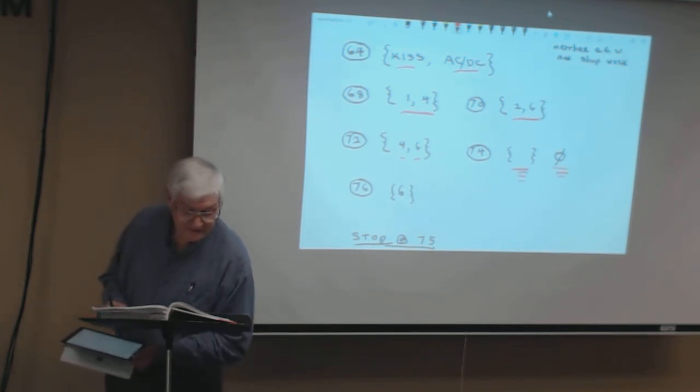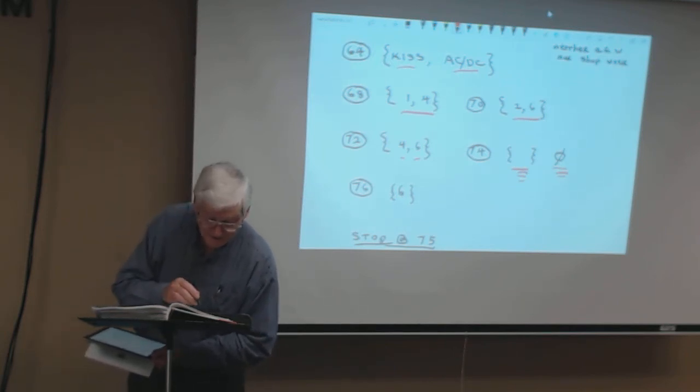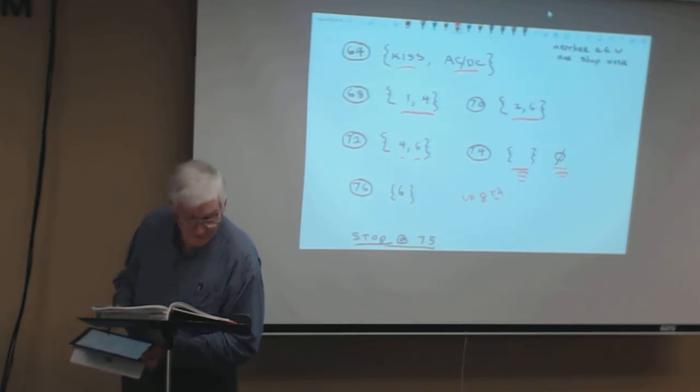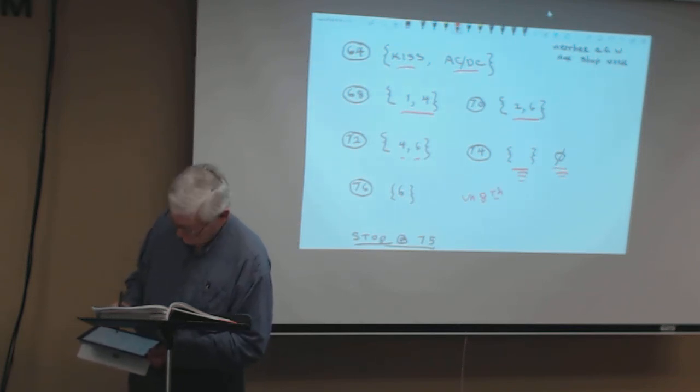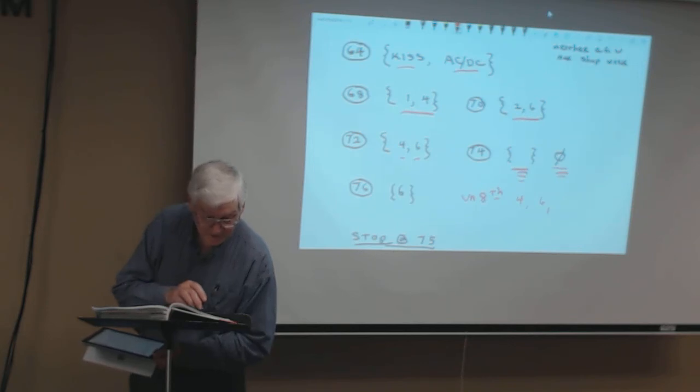Number 76. Find the set of cars with a total annual cost under 8,000. Okay, under 8,000, what would be under 8,000? That would be 4 and 6. But they also want an operating cost under 2,500.